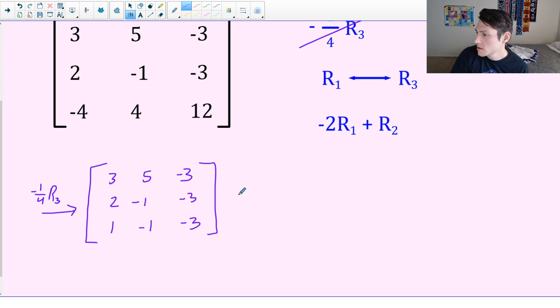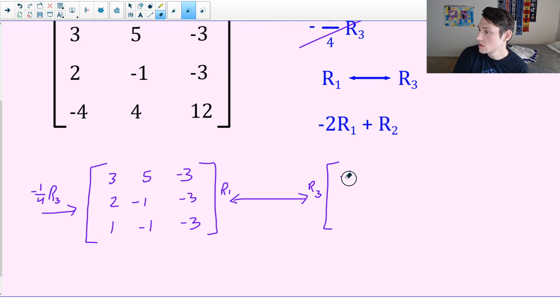The second operation is that we're going to swap row 1 and row 3. We don't change them any other way; the actual numbers stay the same, they just move places. So now row 3 becomes row 1. Now we're looking at this matrix. Row 1 is now 1, -1, -3.